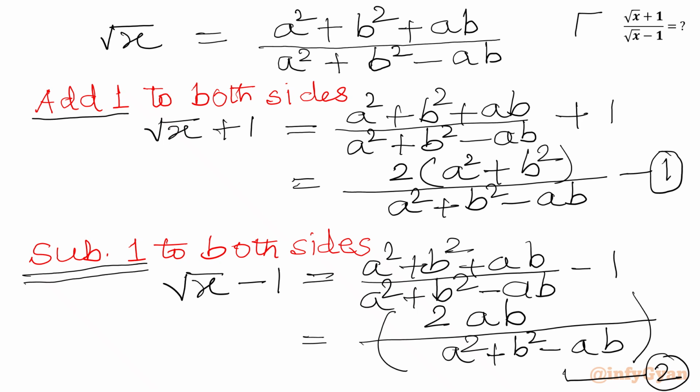Now as per required expression, I will divide equation 1 from equation 2. So a square plus b square minus ab, denominator will be cancelled out. We will get 2 times a square plus b square over 2ab. Let me write 1 divided by 2.